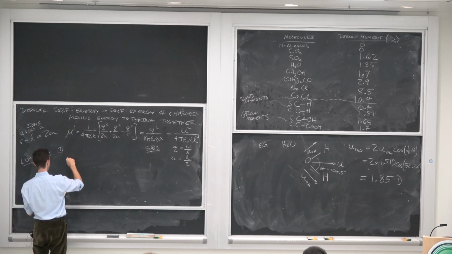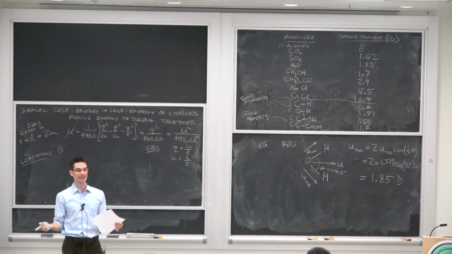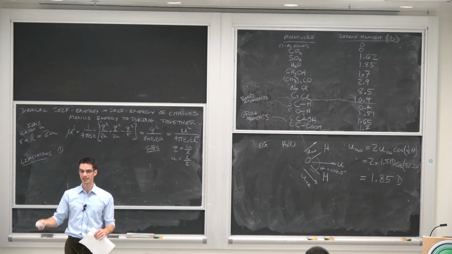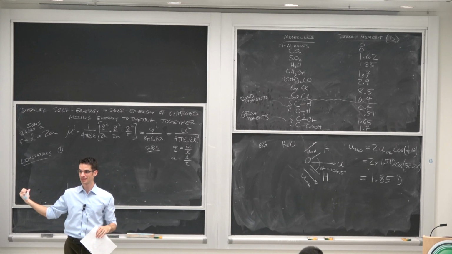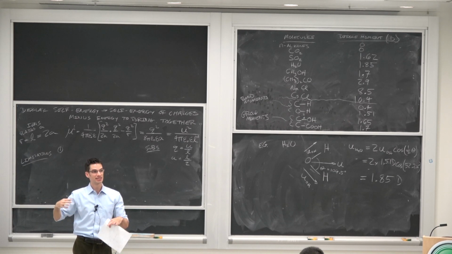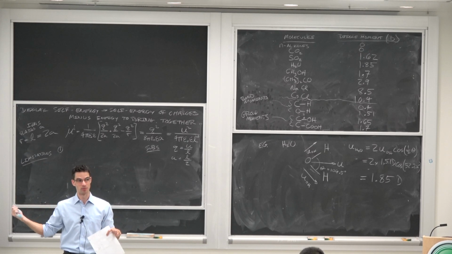Limitations to the dipole self-energy. One, keep in mind that the dipole moment U does not uniquely define a charge distribution, because you can have a different U and a different L, but you can get the same U. Different Q's, different L's, different charges, different separations between the charges can give you the same dipole moment.